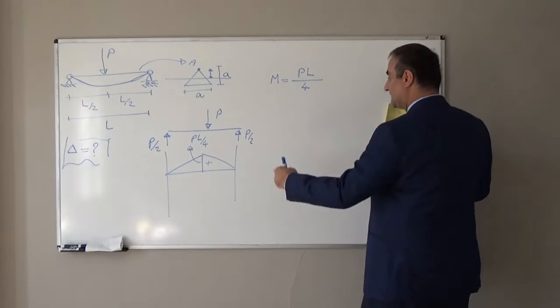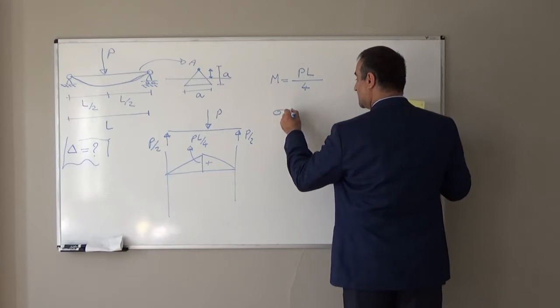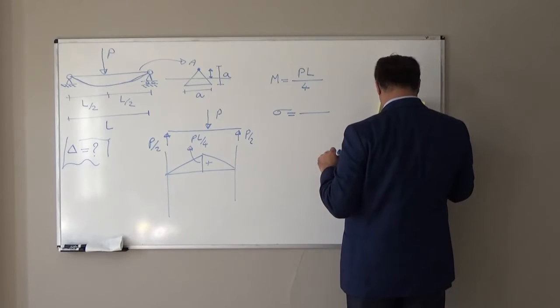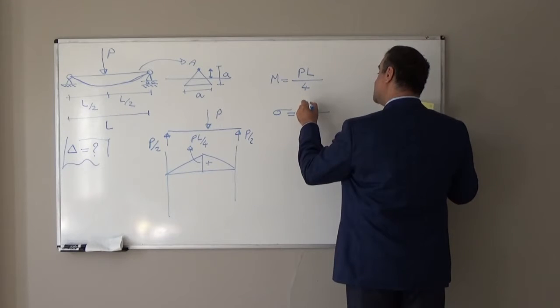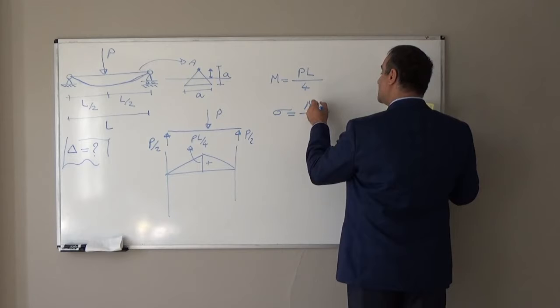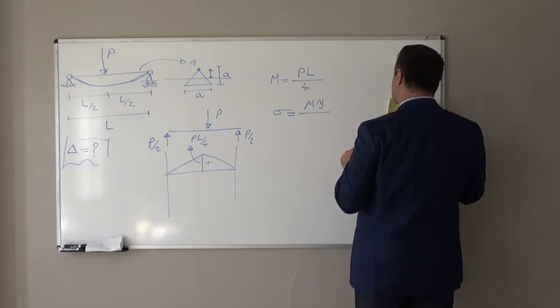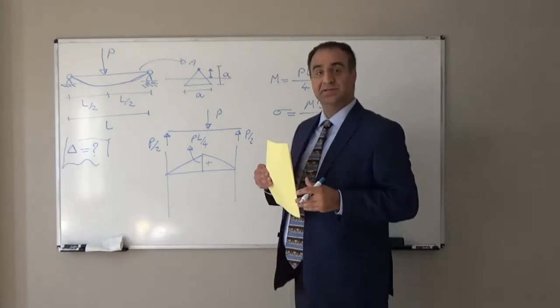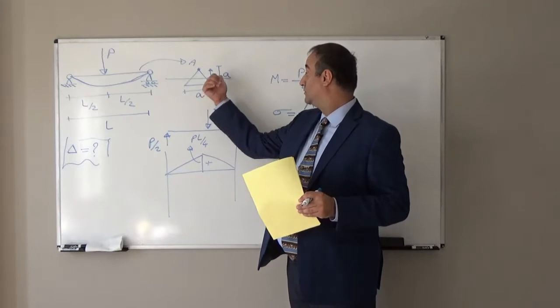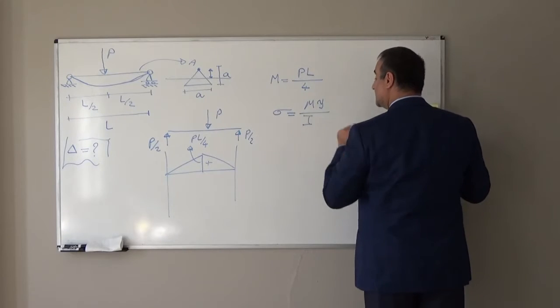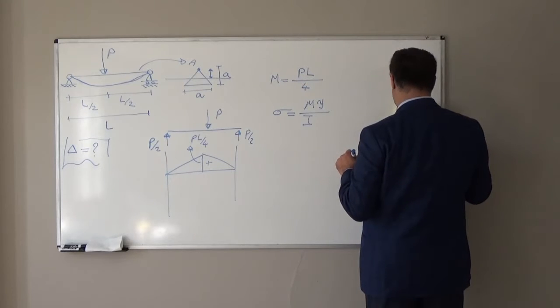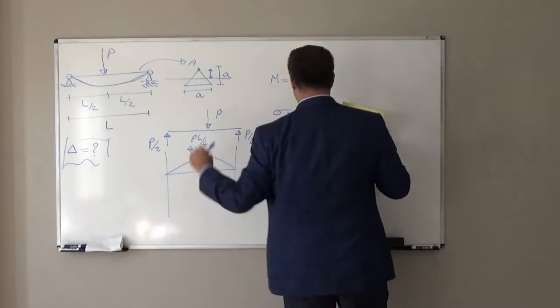We know that because of the bending moment, we will have normal stress in the cross section. Normal stress will be equal to the moment M times Y, the distance of the fibers up to the neutral axis, divided by the moment of inertia of that cross section with respect to the neutral axis.